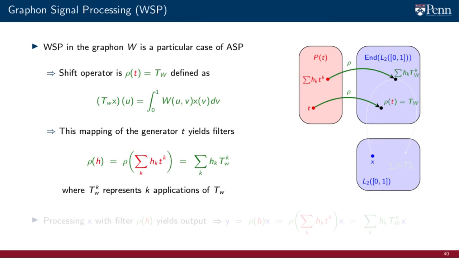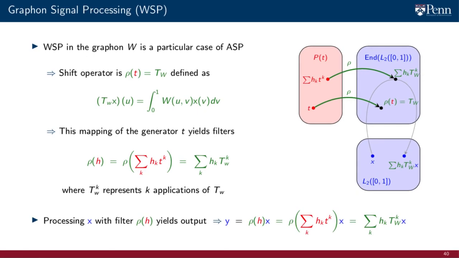This mapping completely defines the homomorphism and results in filters that are given as polynomials on the operator T sub W, where powers of the operator T sub W represent successive applications of the operator. The application of a Graphon filter to a signal X is the application of this polynomial operator to input signals, which is, indeed, the structure we have called Graphon filter.